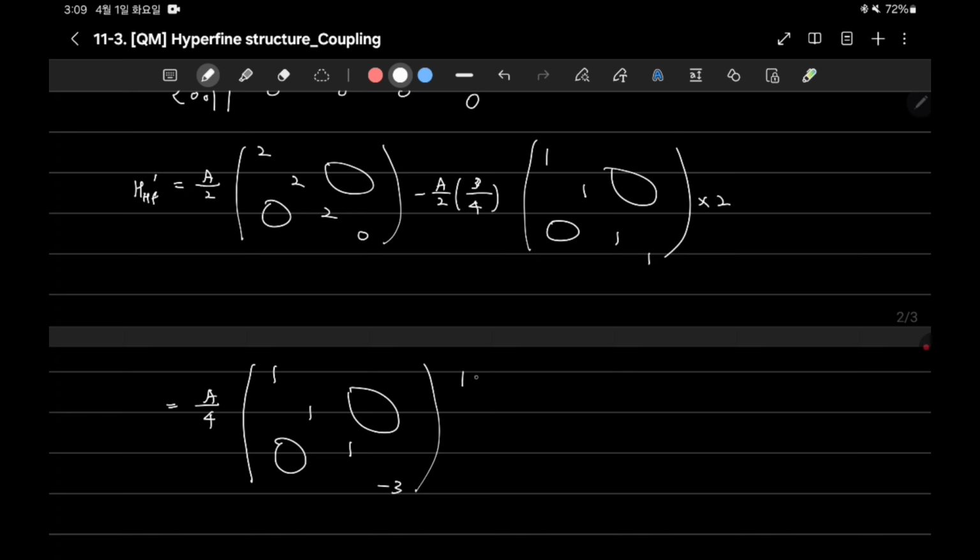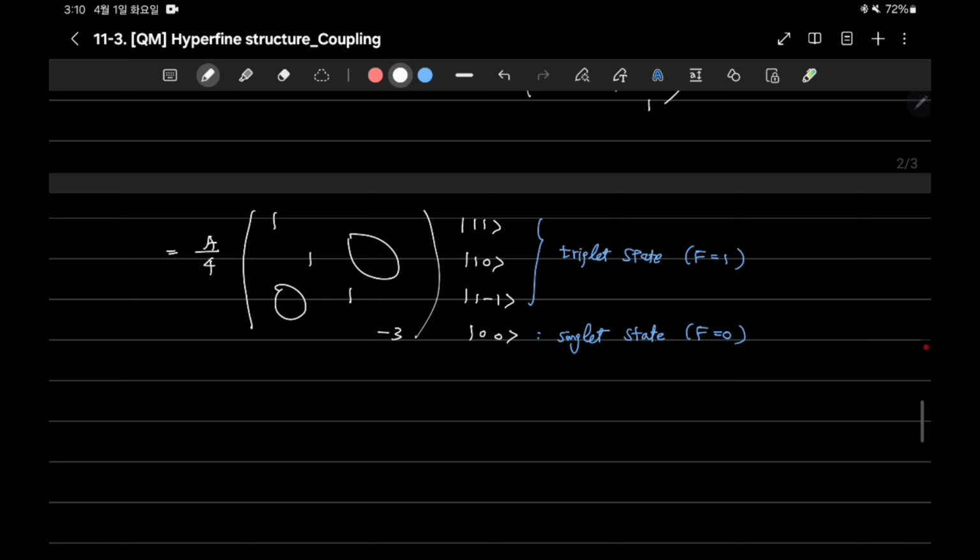So it is the 1 1 state, the 1 0 state, the 1 minus 1 state, and the 0 0 state: the degenerate triplet state with f equal to 1, and the singlet state with f equal to 0.